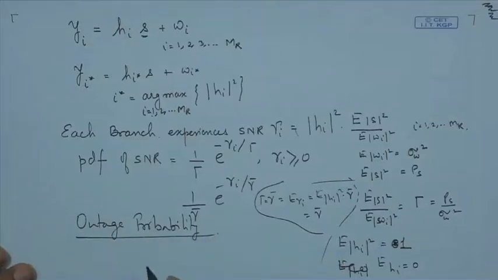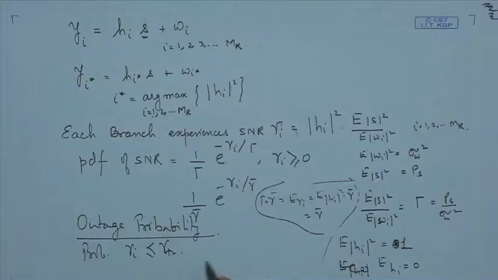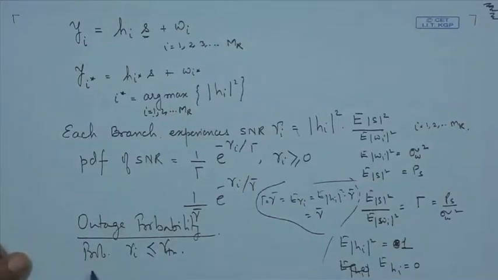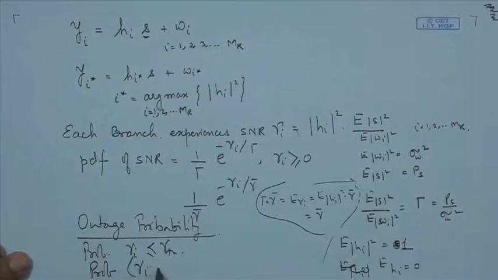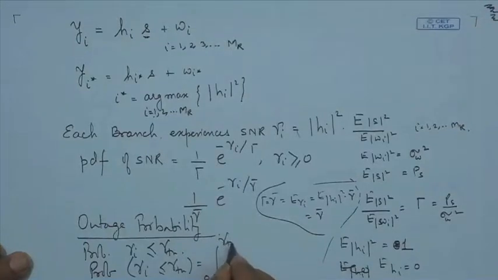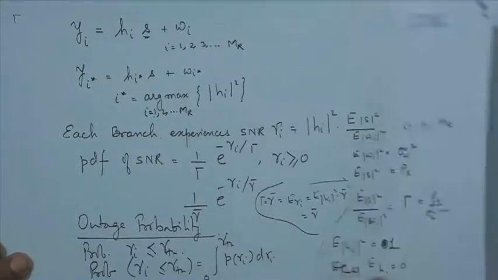One could calculate the outage probability, that means the probability that gamma_i is less than or equal to some threshold gamma_th, also written as gamma_0. It is the probability that gamma_i is less than or equal to gamma_th, which is equal to the integral from 0 to gamma threshold of p of gamma_i d gamma_i.